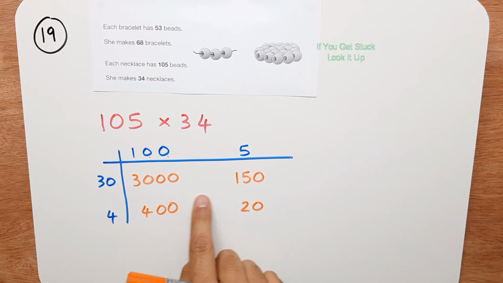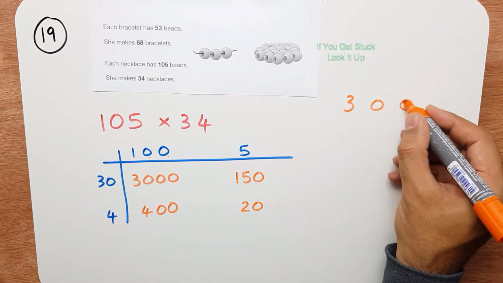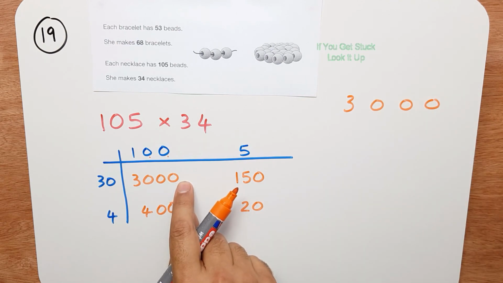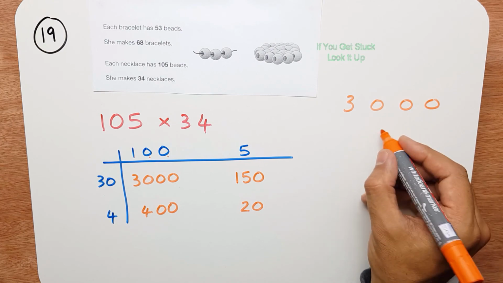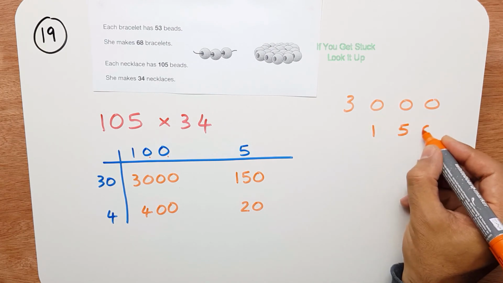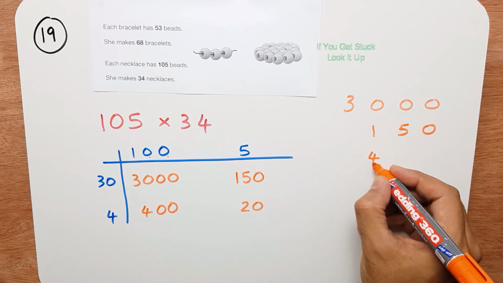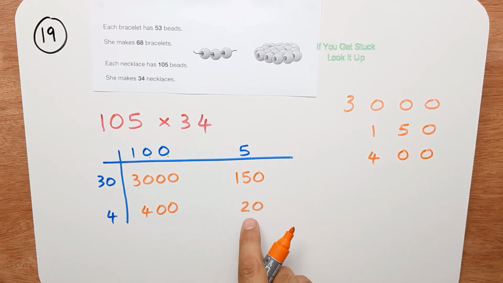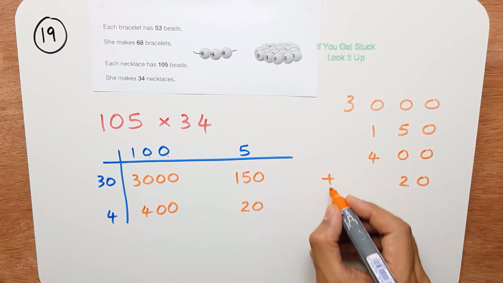Now I simply add these 4 numbers here. So I'll do that in column addition very carefully. So the first number is 3,000. The next number is 150. But I have to be careful I put it in the right column. 150. I've got 400 and that goes there. 400. And finally I have 20. I need to add them.